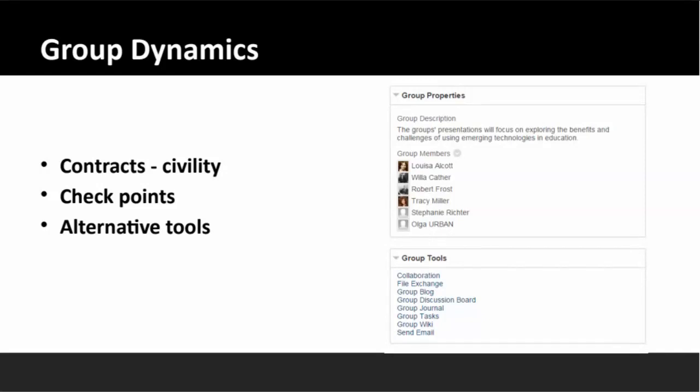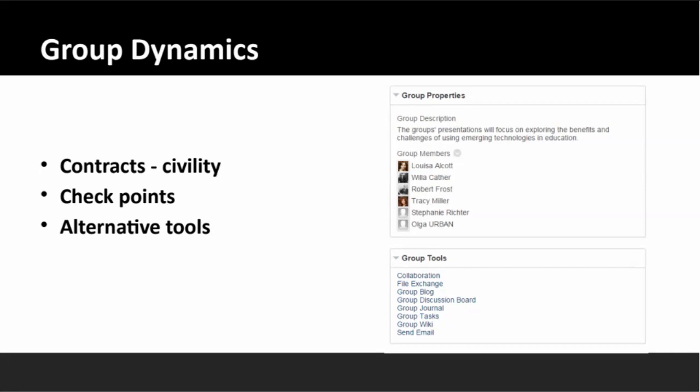You can have checkpoints where, with a group assignment, you're going to give feedback to the whole group. If you have these contracts where it's broken out who's doing what and when it's due, then you have the checkpoints and you can give feedback to the students. And then if there's an issue with an individual student, you can address that.